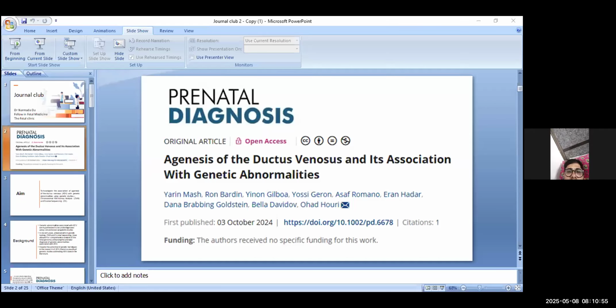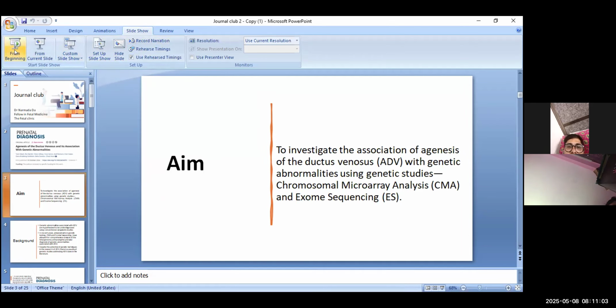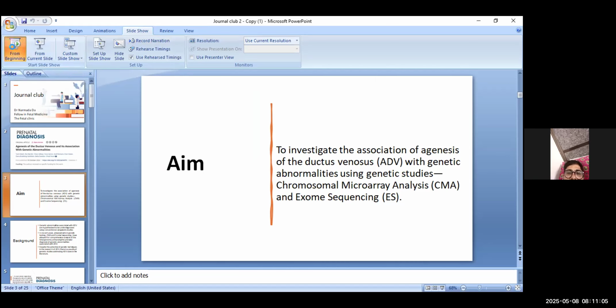Yeah, it's changing, but not in slideshow mode. Not in full screen mode, Narmada. Stop sharing, make it full screen, and then share it again.